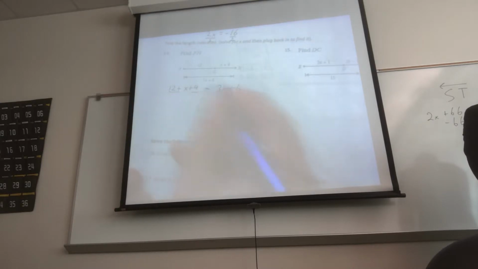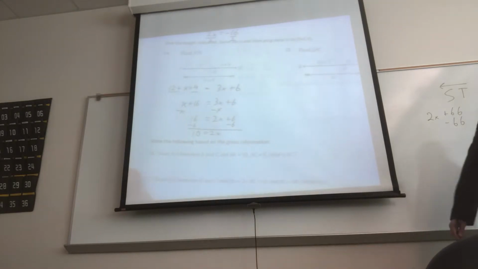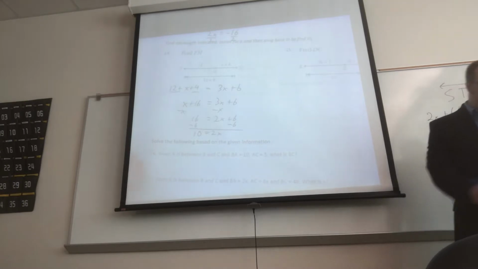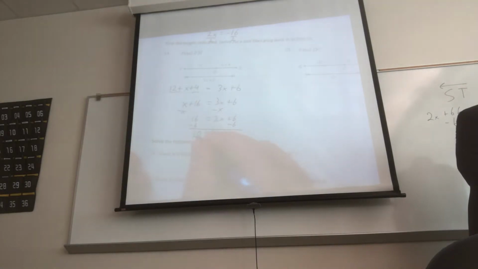Well, 12 plus 4 is 16, so that's x plus 16 is equal to 3x plus 6. I subtract x, that's 16 is equal to 2x plus 6. I subtract 6, I get 2x is equal to 10. To finish solving this, I divide by 2, and I get x is equal to 5.